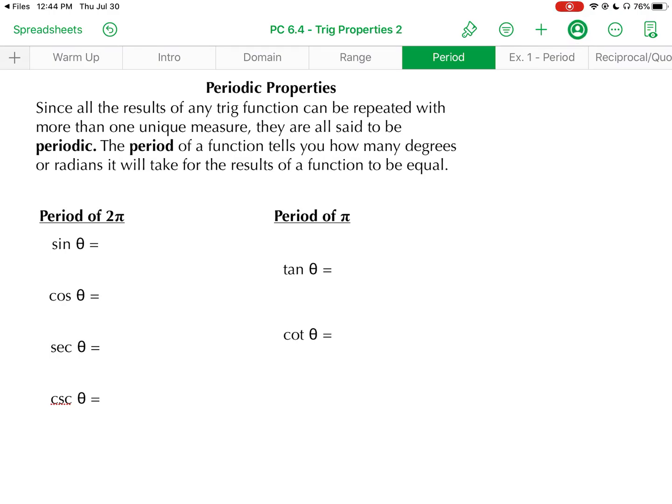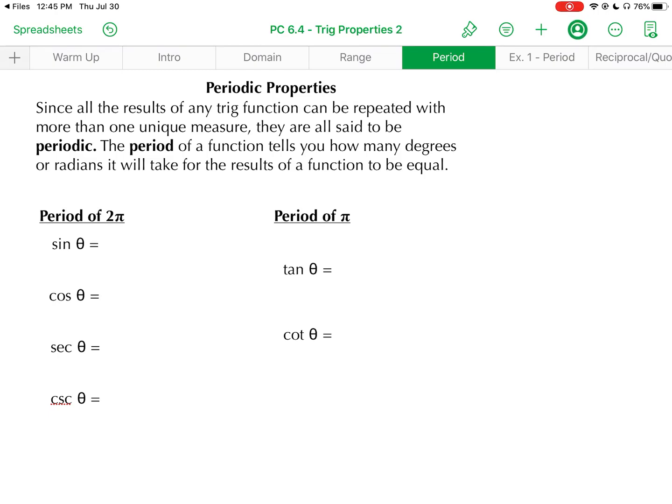So since all the results of any trig function can be repeated with more than one unique measure, they're all said to be periodic. And the period of your function tells you how many degrees or how many radians it's going to take for the results of that function to turn out to be the same, okay? So the four functions that are over on the left-hand side, they all have a period of 2 pi, okay? Meaning you're not going to see your values completely repeat until you do a full rotation of 2 pi in either the positive or negative direction.